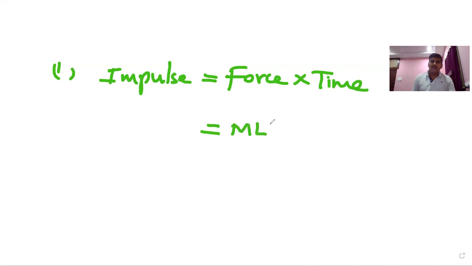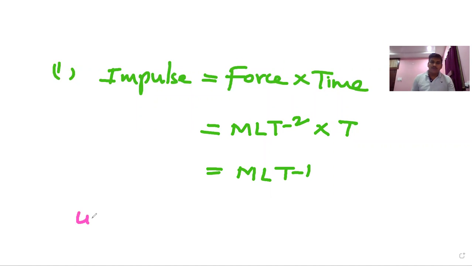M L T minus 2, into time, which is T. This is equal to M L T minus 1. The final dimension formula is MLT minus 1. So this is the dimension formula for the impulse.